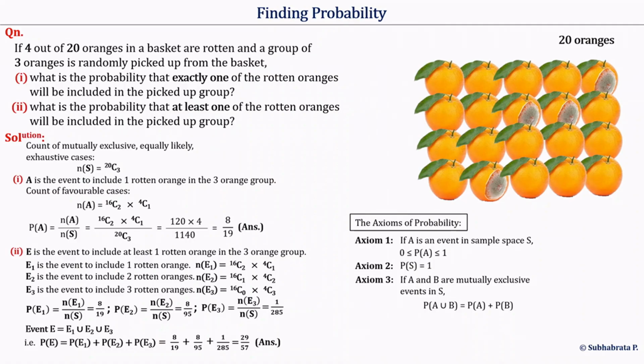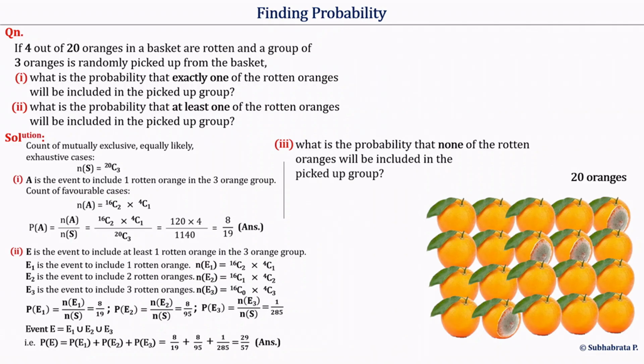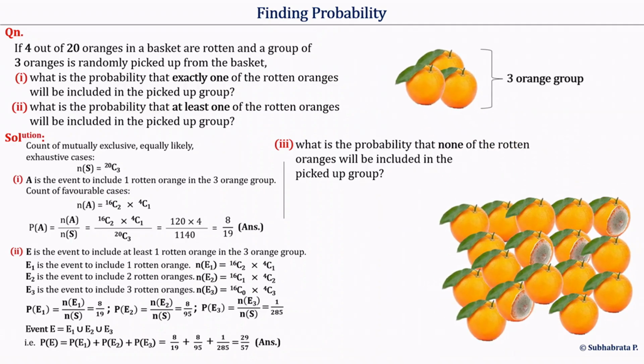Wait, we have the third question following here. What is the probability that none of the rotten oranges will be included in the group of three oranges we pick from these 20 oranges? Let's consider for this third question, E prime is the event in which no rotten orange is included in the group of three oranges we pick.